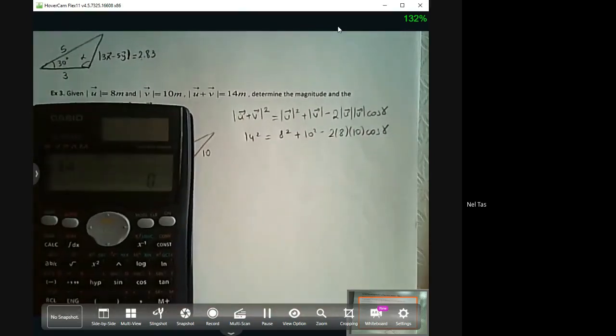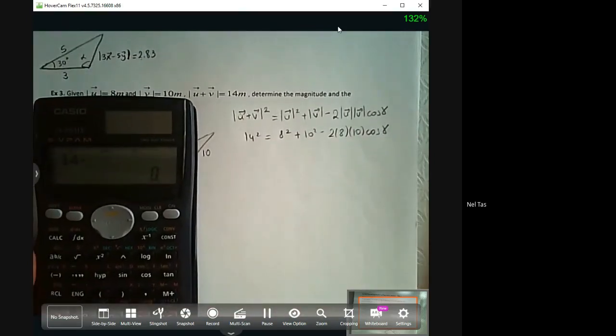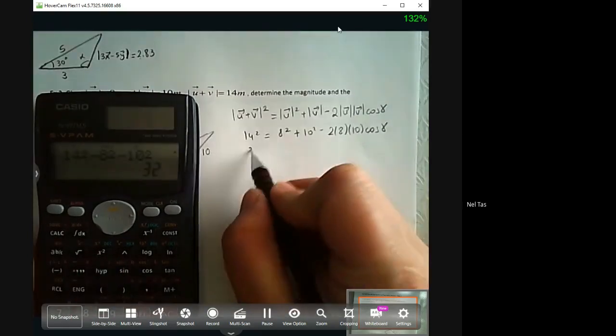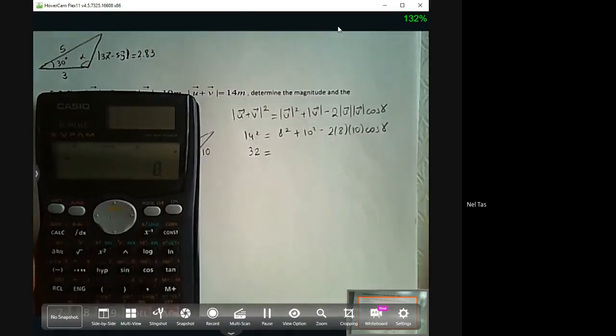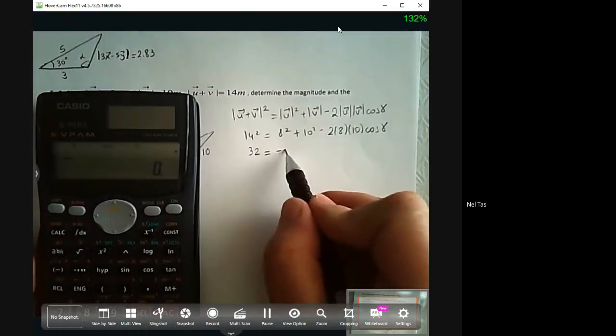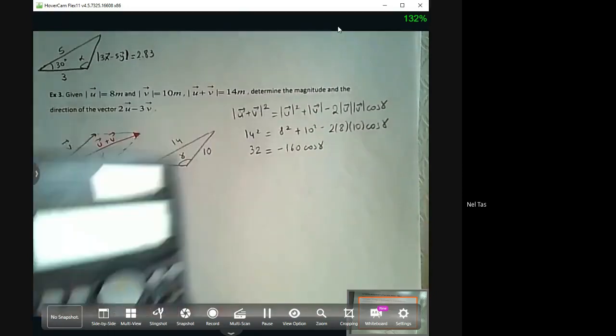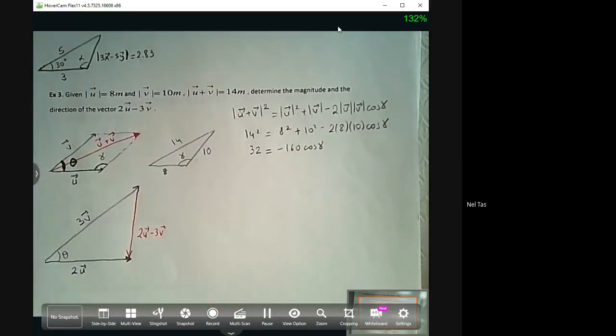So 14 squared, if I move these, so 8 squared minus 10 squared, this is 32. And this side is negative 160 cos gamma.